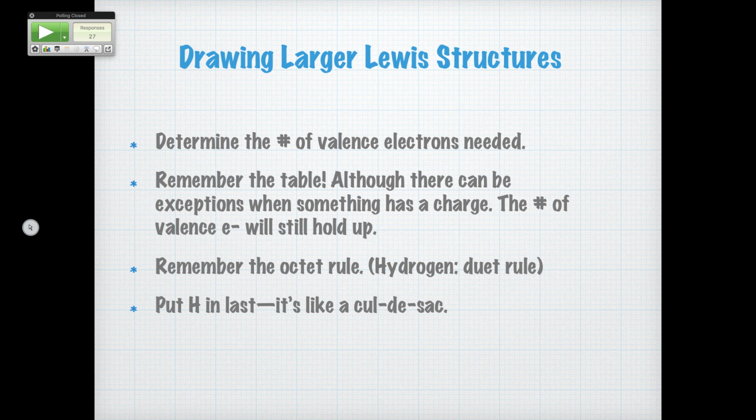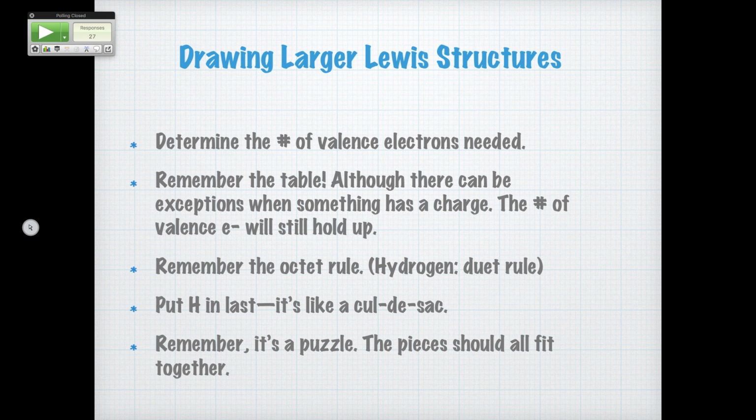Don't let them overwhelm you, because you can have way more hydrogens than carbons, but put them in last. This is a puzzle, and the hydrogens are like a cul-de-sac. You drove down the road and you can't go any farther if you put them in first.